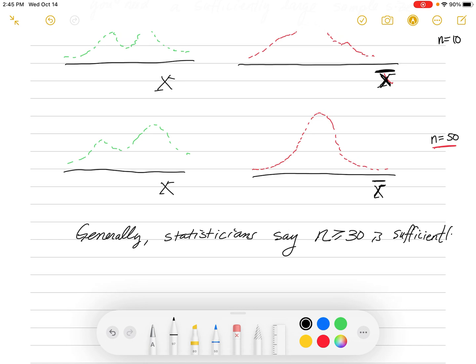That's the convention. So normally you want your sample size to be at least 30 if you want to get a good approximately normal distribution. So if the sample size is not 30, basically we're not going to be very accurate with normality.